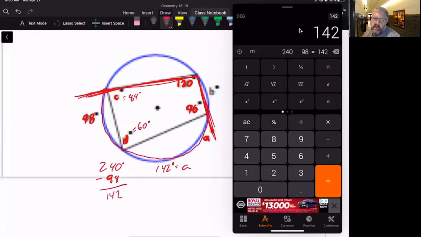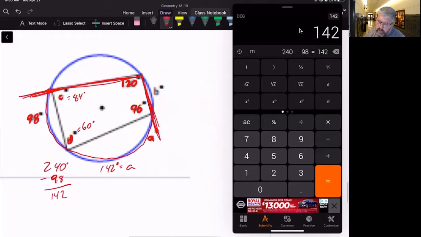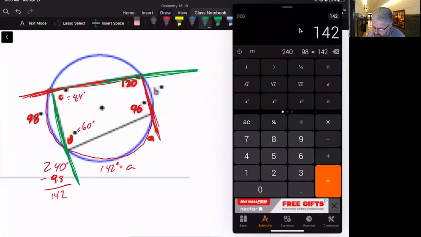Okay, so now once I know A, depending on how I want to find B, there's several ways to go about it, right? One is I could take angle C, and angle C cuts off the part of the circle that's A and B combined, right?